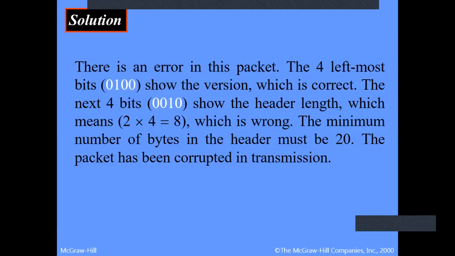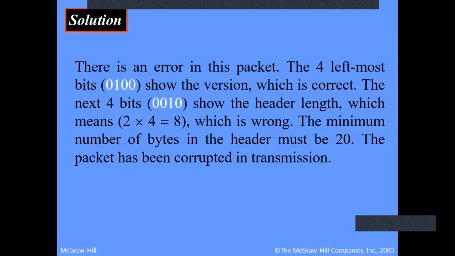As we know, the header length is measured in 4-byte words, so the value of this field is 2. 2 multiplied by 4 is 8, which is wrong because the minimum length of an IP header is 20 bytes. Clear?